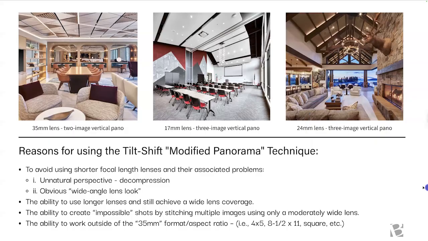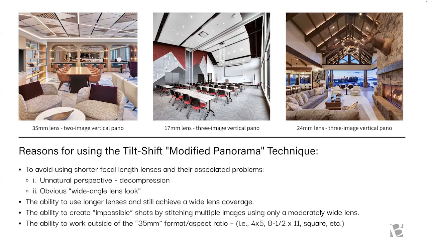And so let me go ahead and move to this next slide here. And the reason I use the tilt shift in this modified panorama is because I don't like using wide lenses necessarily. And so in this first image here, you can see that I've used a tilt shift lens in a panorama kind of configuration.